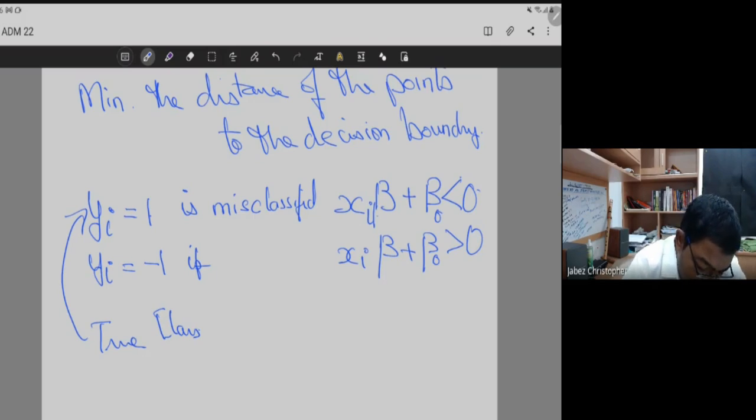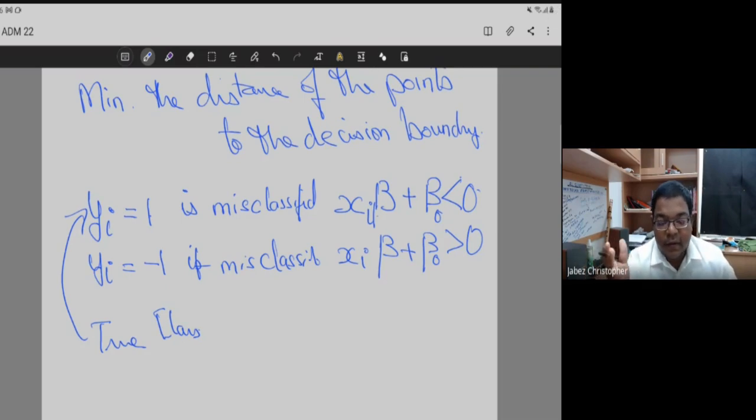So if yi is 1, if it is a positive class, then the point is misclassified if it lies on the negative side. If yi is minus 1, then the point is misclassified if it lies on the positive side.